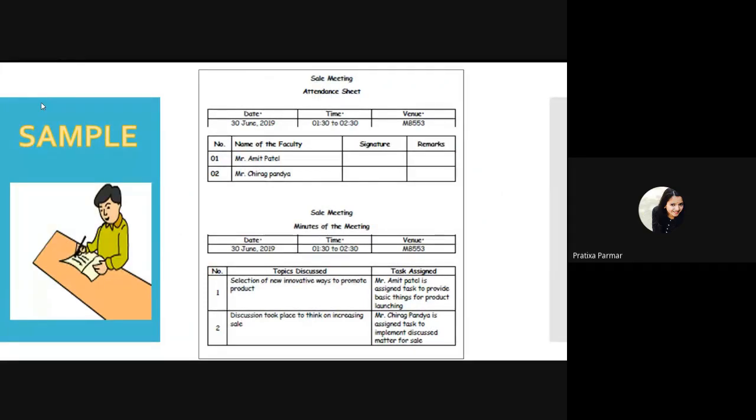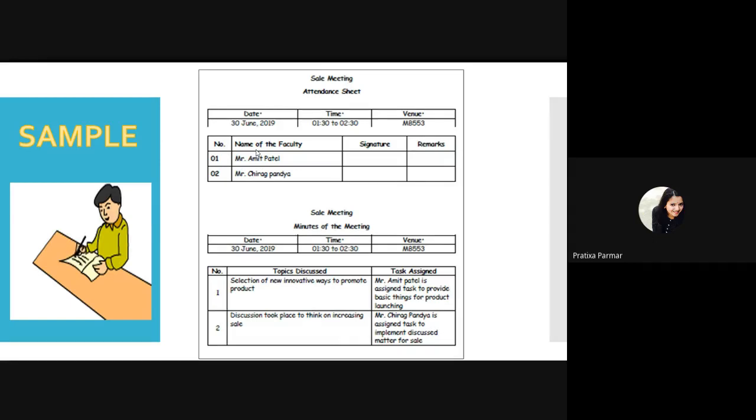Okay, the following page of the same format has an attendance sheet. There also the date, time, and venue are there. Here you have the name of the faculty. Let's say there are 5 people, then you can follow this format. But if many people are attending the meeting, then I suggest having a separate attendance sheet with the names of the people who are going to attend.